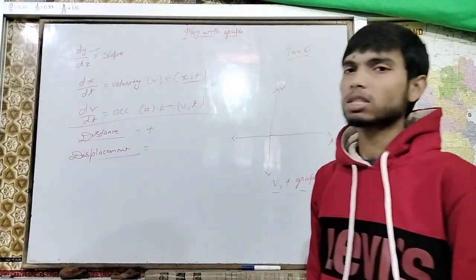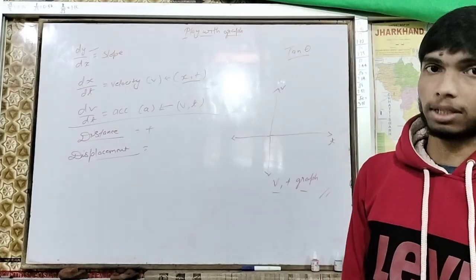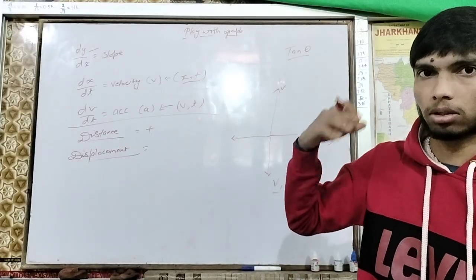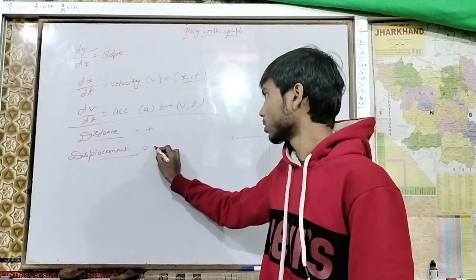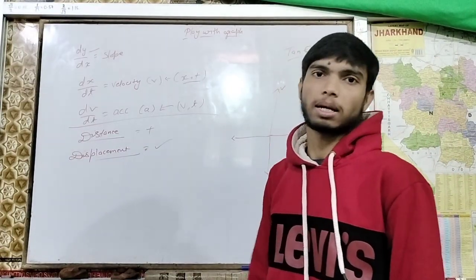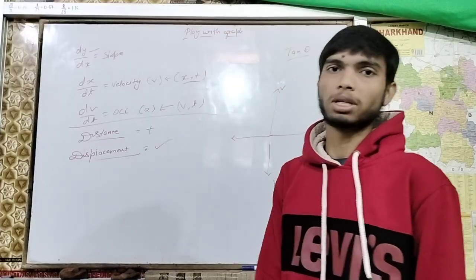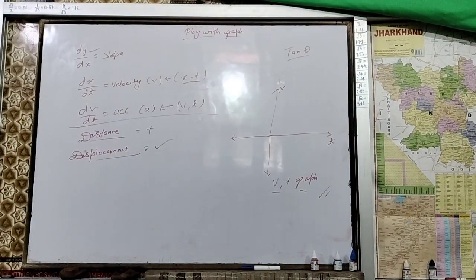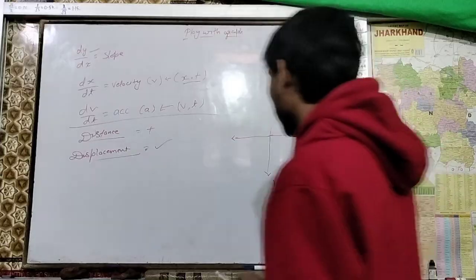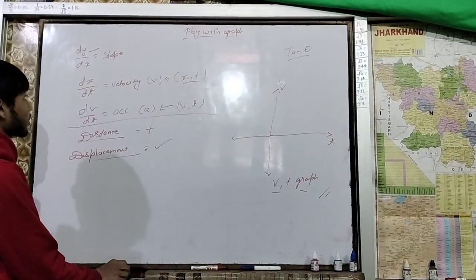But in the case of displacement, it can be negative, it can be positive, it can be zero, it can be upward, it can be downward, because displacement provides direction. So in the case of displacement, everything can happen. But in the case of distance, only positive will happen. And distance is a scalar quantity, as you know. Now let's draw some graphs so that we can analyze.